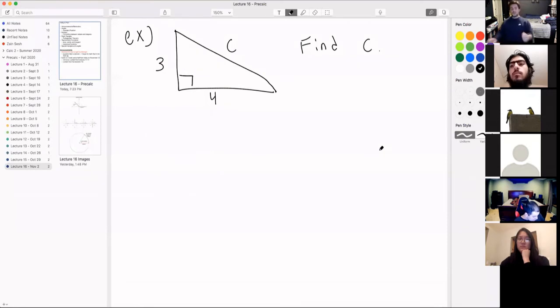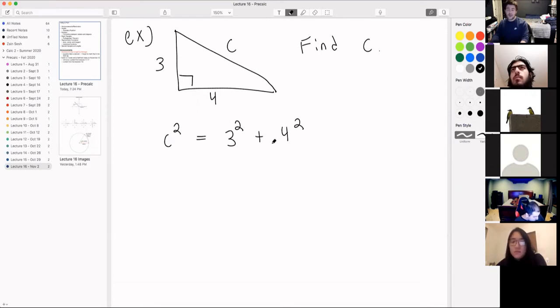Okay, so we're just going to use the Pythagorean theorem. So by the Pythagorean theorem, we know that C squared, which is what we're looking for, will be equal to the lengths of the legs. So you do 3 squared plus 4 squared. You square the lengths of the legs and then you add them together.